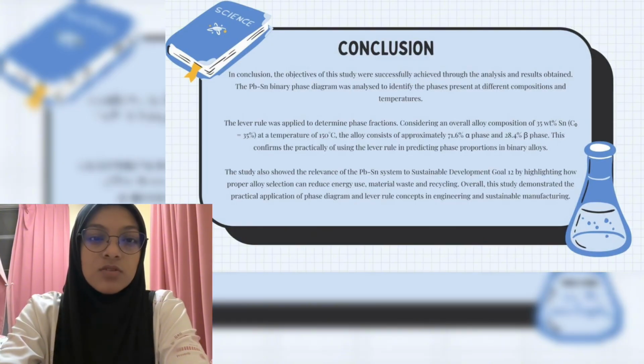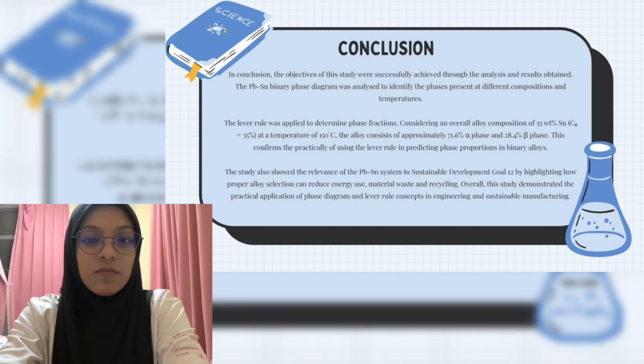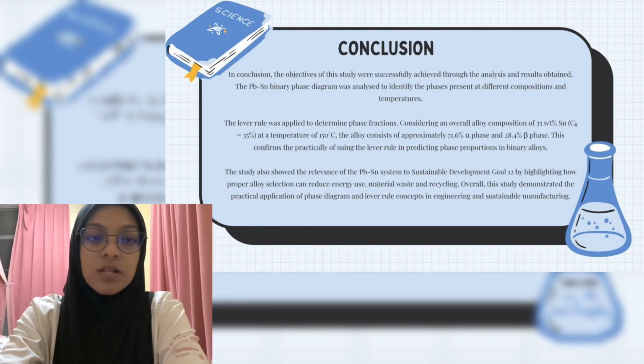The study also showed the relevance of the lead-tin system to Sustainable Development Goal 12 by highlighting how proper alloy selection can reduce energy use, material waste, and improve recycling. Overall, this study demonstrated the practical application of phase diagram and lever rule concepts in engineering and sustainable manufacturing.